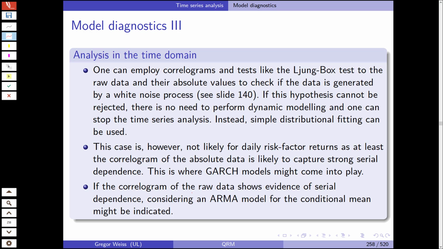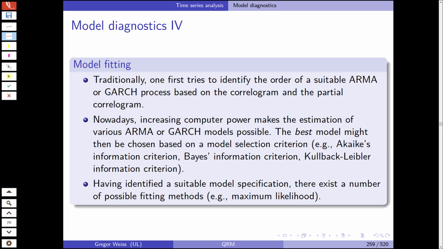If the correlogram of the raw data shows evidence of serial dependence, you can also consider an ARMA model for the conditional mean. So you can model the conditional mean and the volatility. Then next, if you see that you have serial correlation, serial dependence, you need ARMA, you need GARCH models, and you need some alternatives that you will fit to the data.